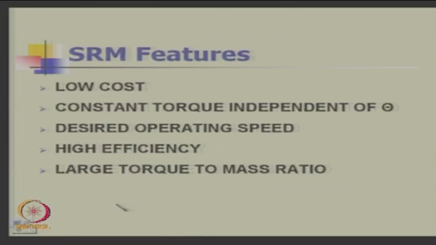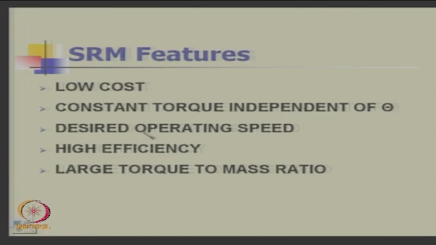Now, the features that are claimed for the SRM are low cost, because it is easy to make, hopefully, as the rotor is just an unwound one. You can produce a constant torque independent of rotor position.